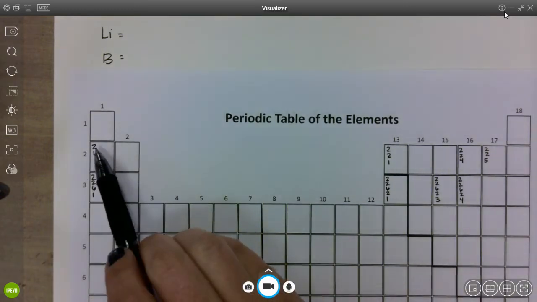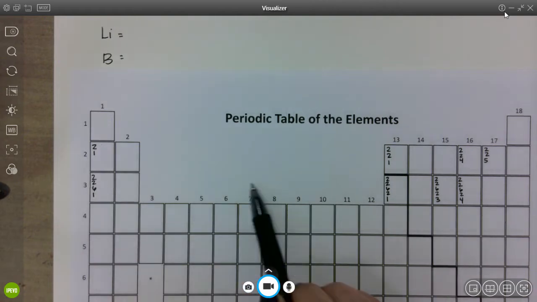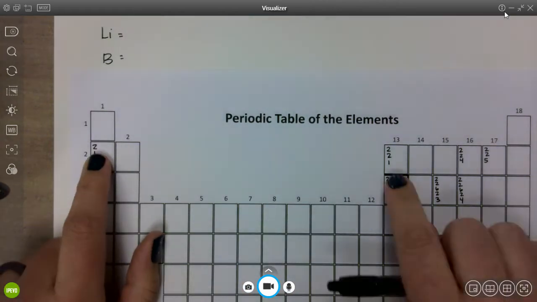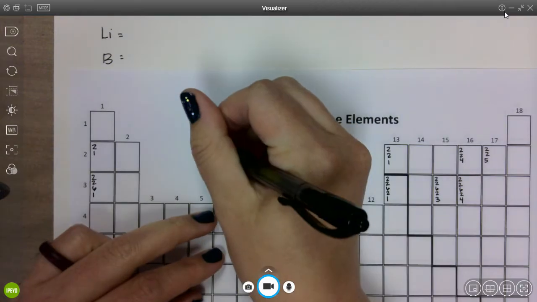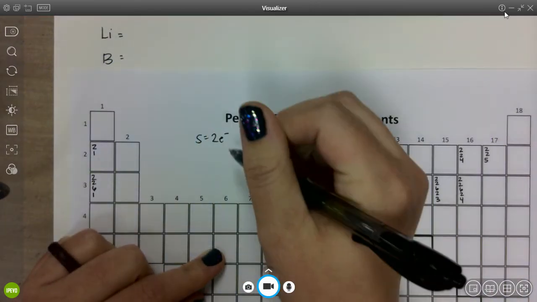Now, if you notice in lithium, and basically everything in all of our elements that we looked at, the first subshell, which is represented here, only holds 2 electrons. And the subshell that holds 2 electrons is our S subshell. So the S subshell holds 2.